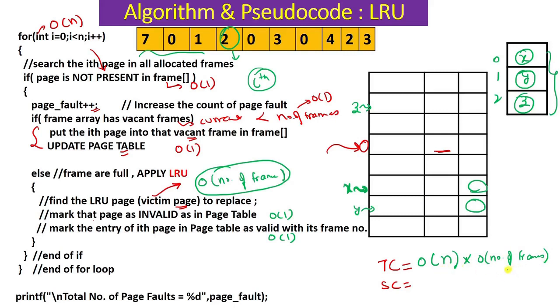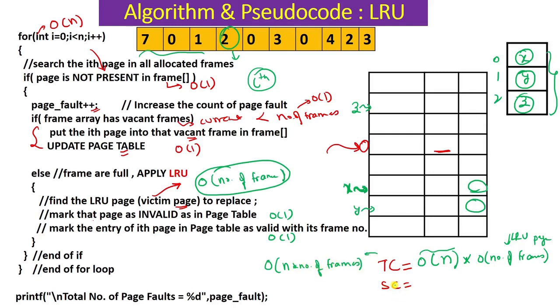This we are doing for the LRU page selection, and we are doing this for each ith page, n number of pages. This will be my time complexity: O(n times number of frames).